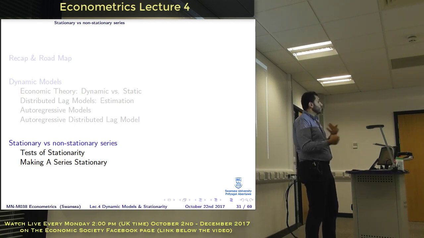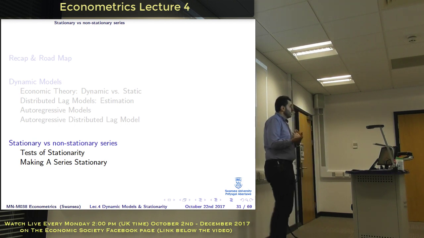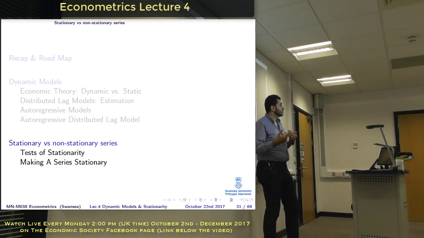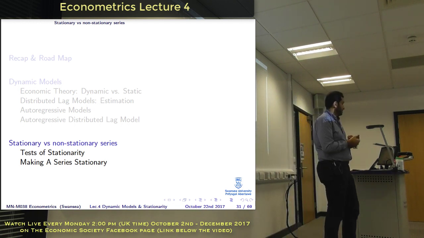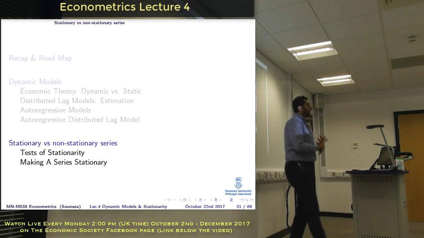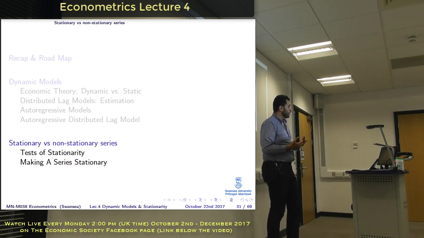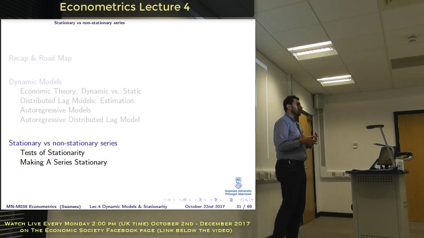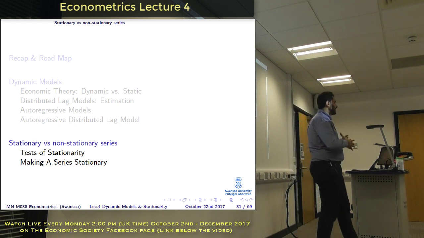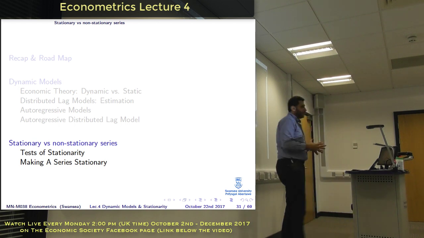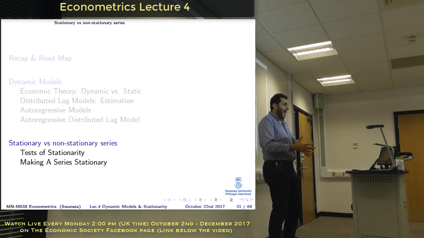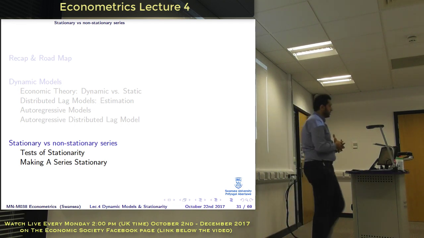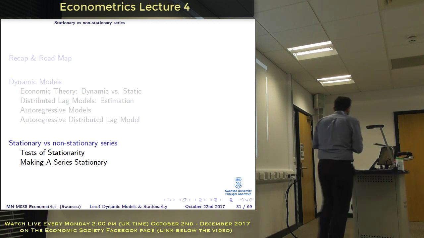When we do that, we transform the DL model with an infinite number of lags into an autoregressive model where we have only 3 parameters to estimate. Again, we have some issues, and we discussed what these issues are. Then we moved to the model that combines these together, the autoregressive part and the distributed lag part. This is the ARDL model.